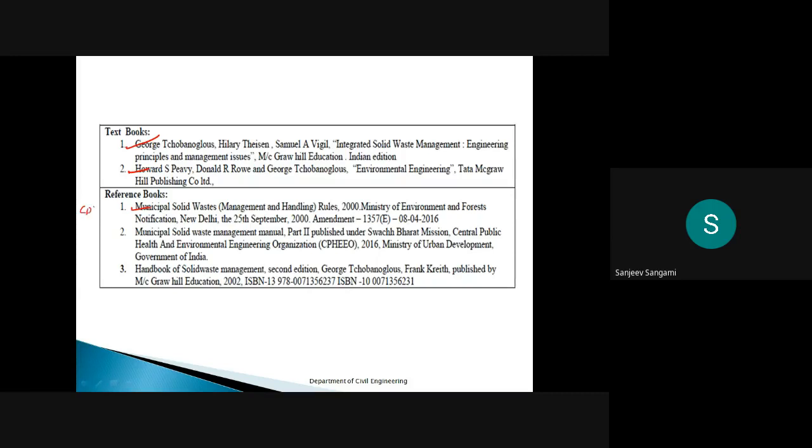They have given some rules and regulations, which you have to refer to. Then the CPHEEO manual is also available, the 2016 one from the Ministry of Urban Development, Government of India. That also you can refer to. That is a very good book. Then the Handbook of Solid Waste, second edition, that you can also use.